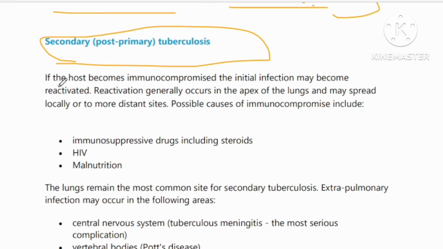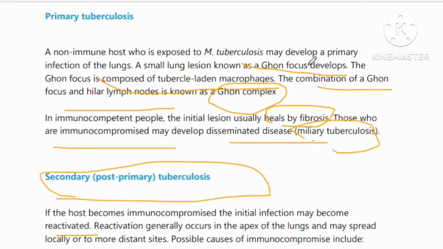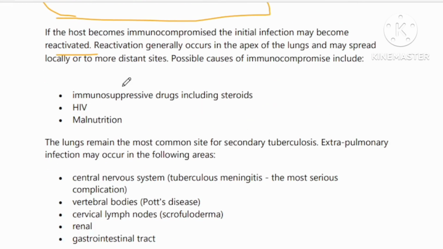In secondary, post-primary tuberculosis, if the host becomes immunocompromised, the initial infection may become reactivated. That means the Ghon complex is in a dormant state, and when there is a state like an immunocompromised person, or those on immunosuppressive therapies or chemotherapies, that focus becomes reactivated. Reactivation generally occurs in the apex of the lungs and may spread locally or to more distant sites.